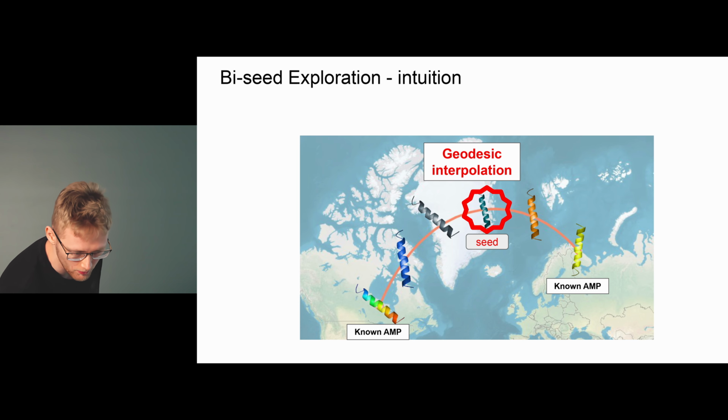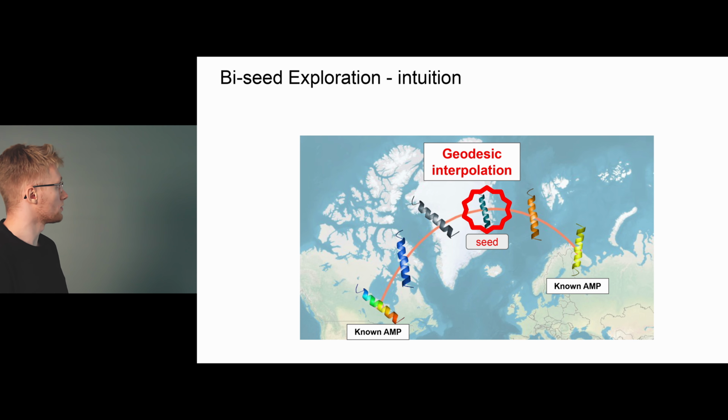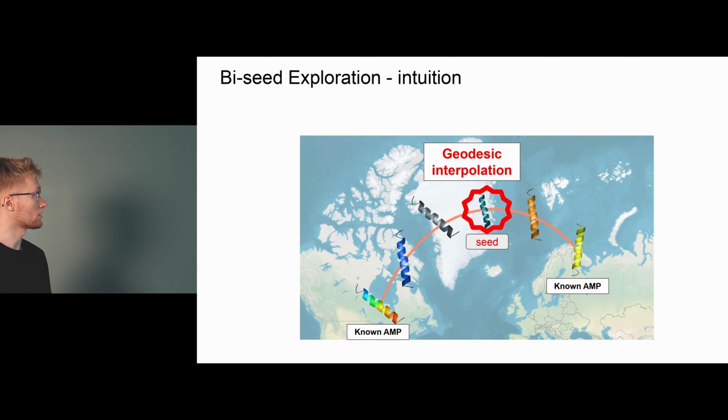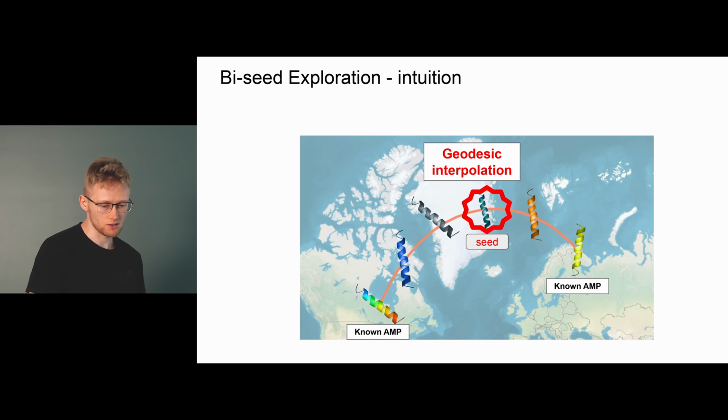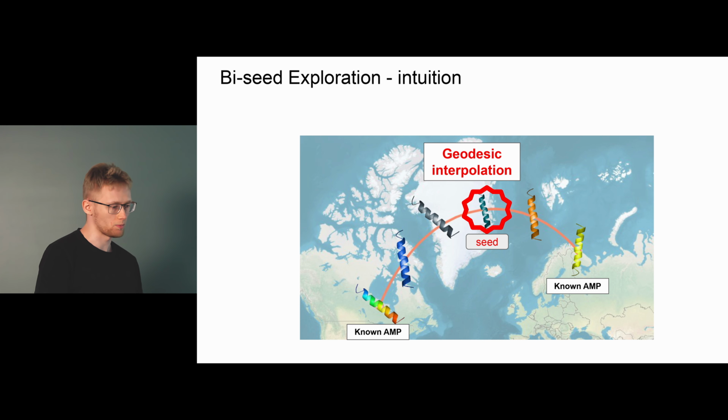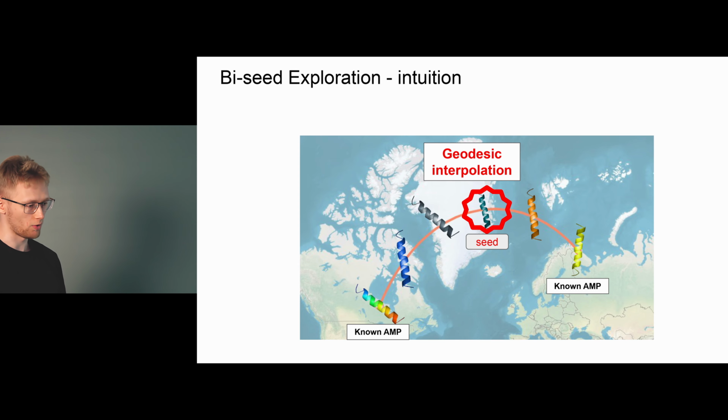Right. So in terms of global exploration, we want to talk to you about our first technique, which is B-seed exploration. In hindsight, our backbone HydrAMP is pretty good at analog generation, which means it generates peptides similar to the ones it has already seen, but we want aspects that differ from what we know.